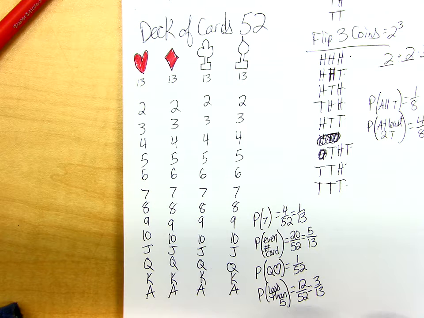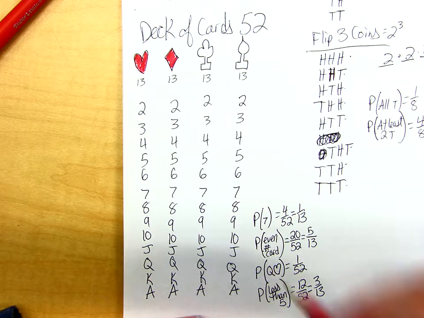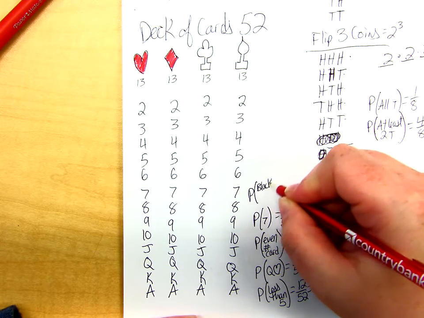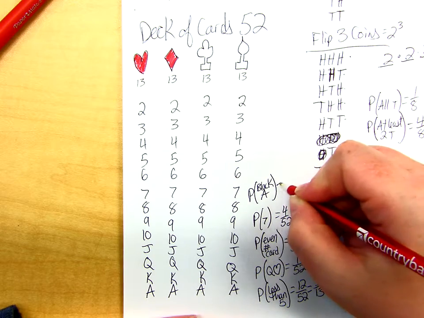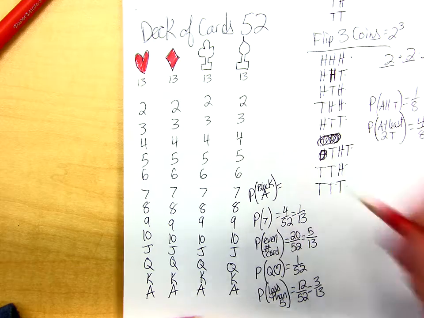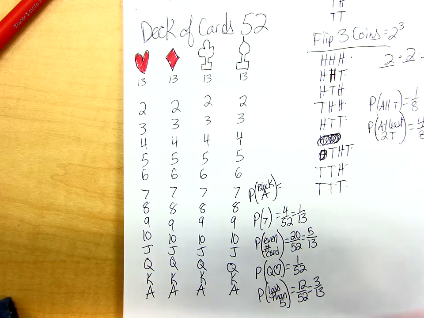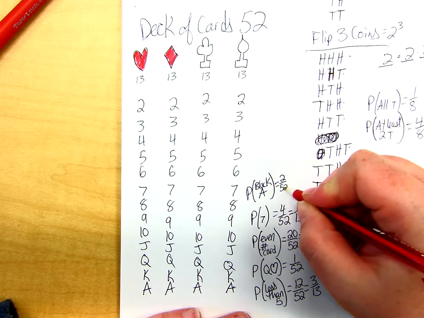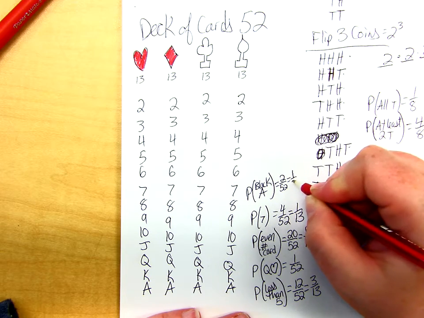What's the probability of selecting a black ace? Yeah, look at you guys go. How many black aces are there? 2. The club and the spade. So it'd be 2 out of 52, which reduces to 1 out of 26.